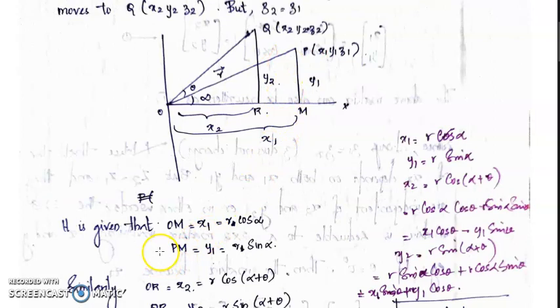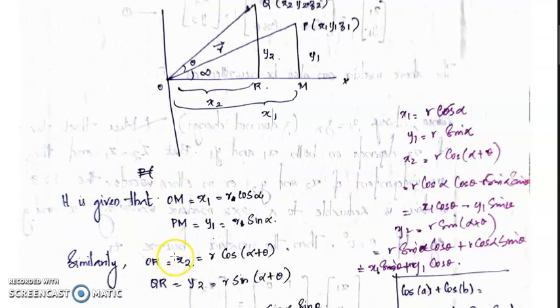Similarly, OR is equal to r cos of alpha plus theta. That is, the first angle of the triangle OPM is alpha, and then we are rotating it through theta degrees. So now OR will be equal to x2, which is equal to r cos of alpha plus theta.